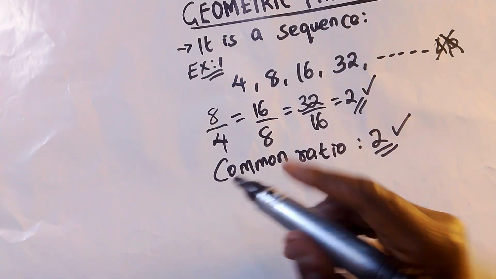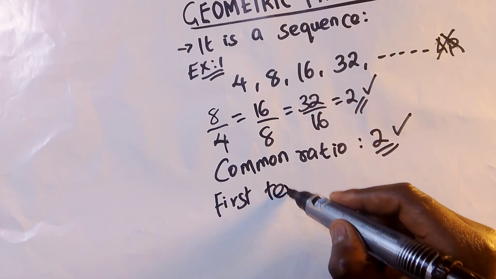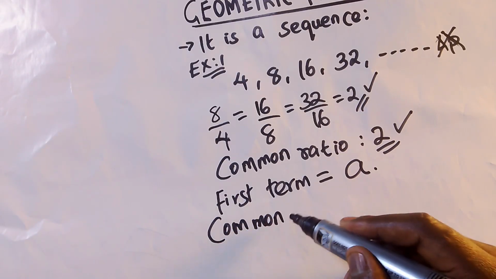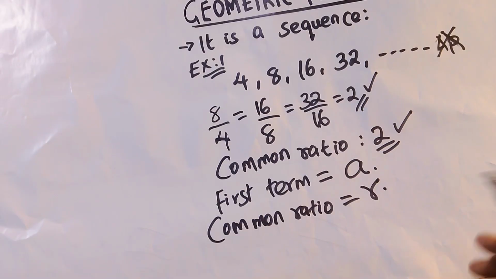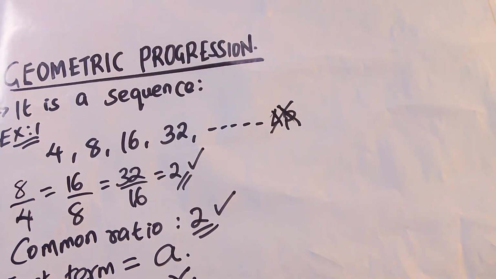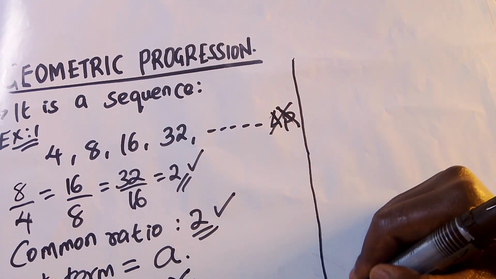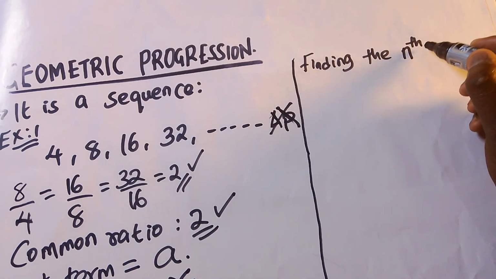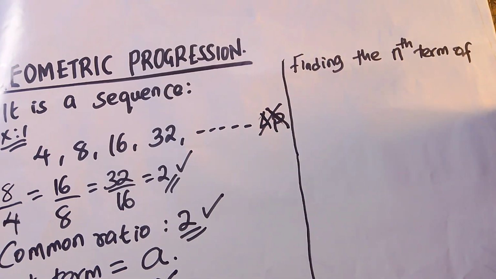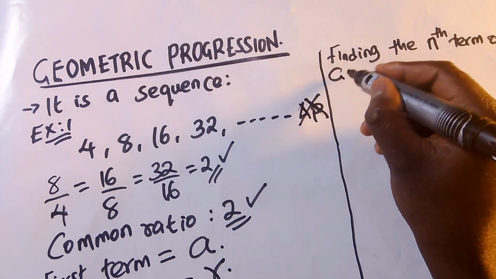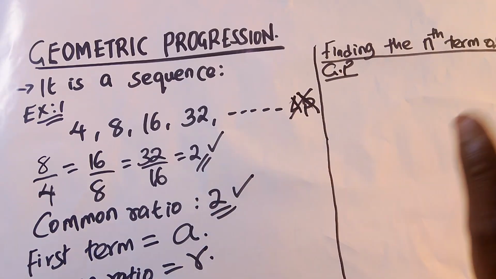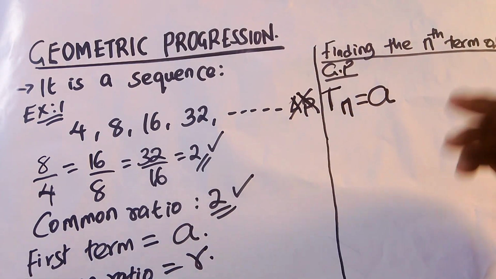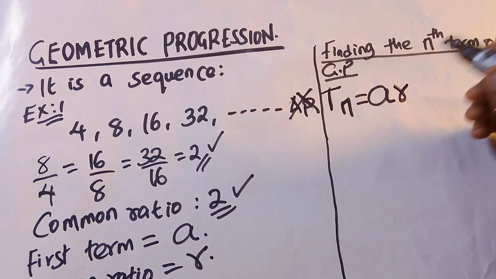So a geometric sequence has what we call the first term, which is represented by A. Then we have a common ratio, which is represented by R. So finding the nth term of a GP, the formula is: nth term is equal to A, which represents the first term, R to power n minus 1.